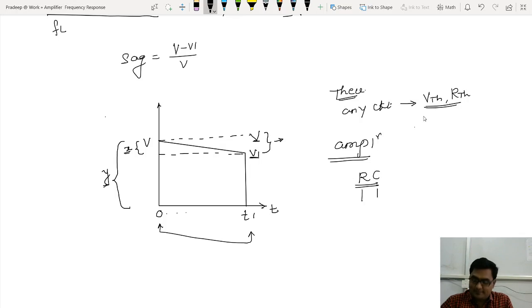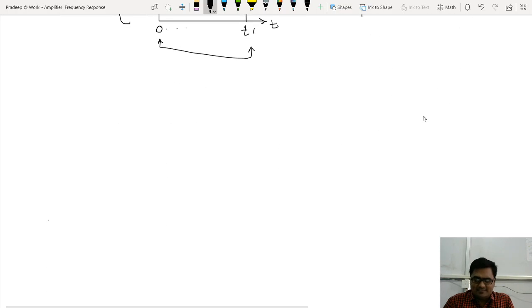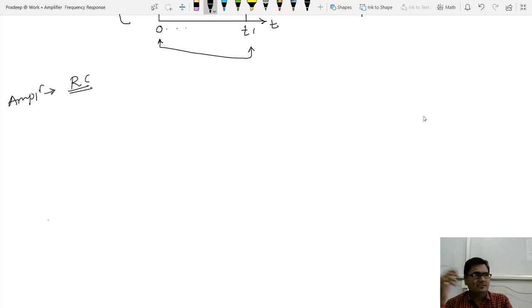Why? Because if I say this is the output of an amplifier, it means this is the output of an RC network, because an amplifier is eventually converted into an RC network. Like in Thevenin's theorem every network is converted into a voltage source and resistor, like this an amplifier is converted into an RC network.